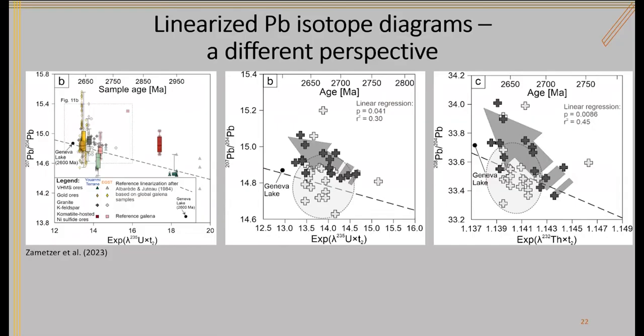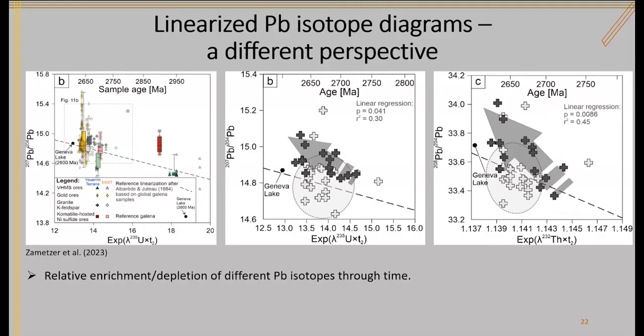The big advantage of these graphs is that we can look at the relative enrichment and depletion of different lead isotopes through time. But we obviously have to at least assume or know the age of the sample. So we're sacrificing the timing aspect that the lead isotope system could give us in order to gain source information.